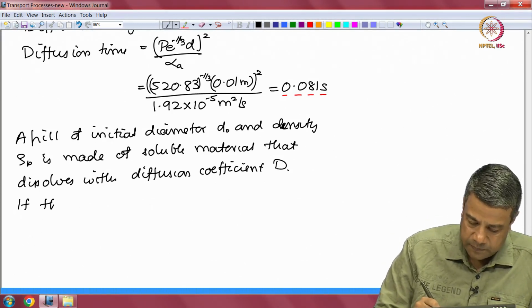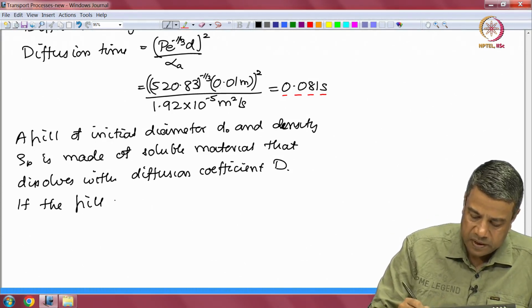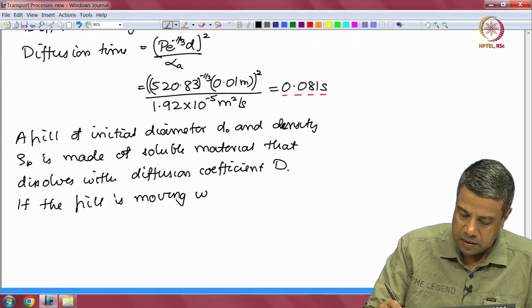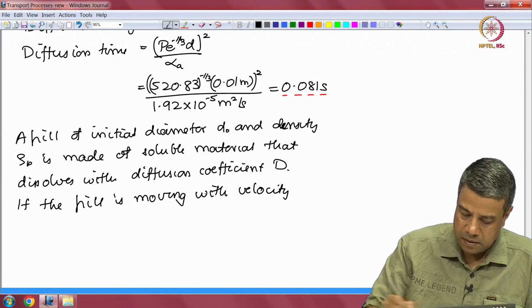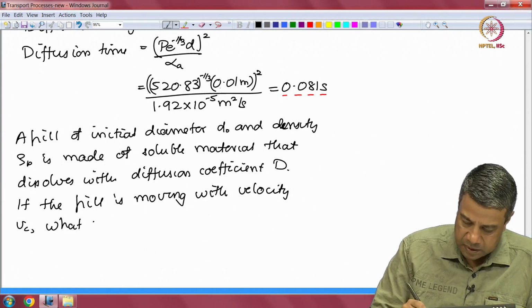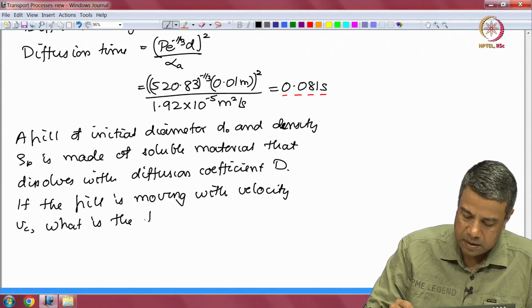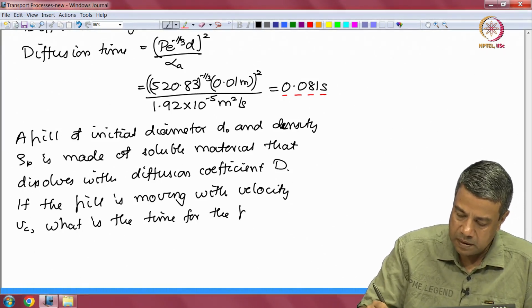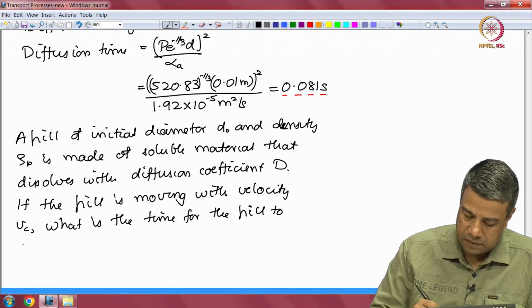If the pill is moving with velocity v, what is the time for the pill to dissolve?